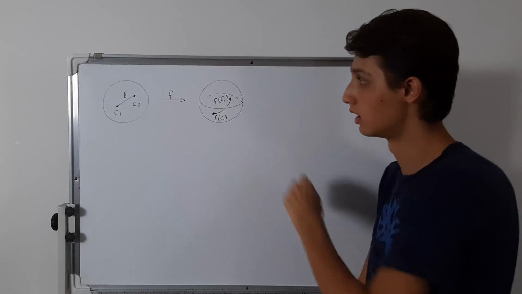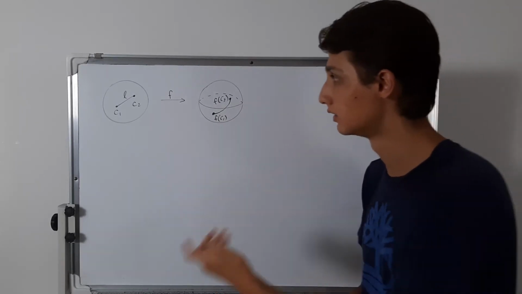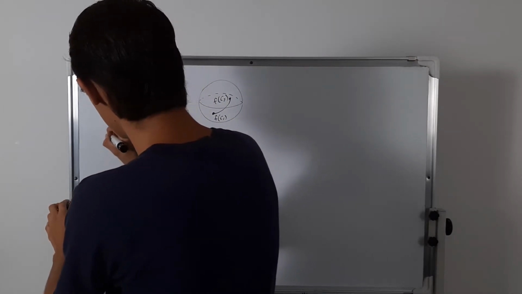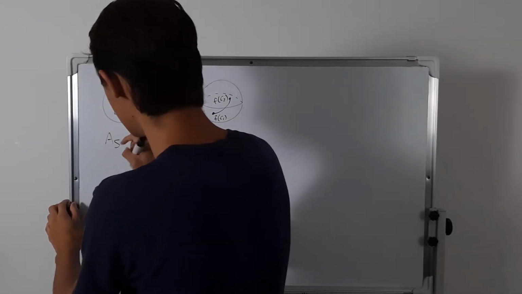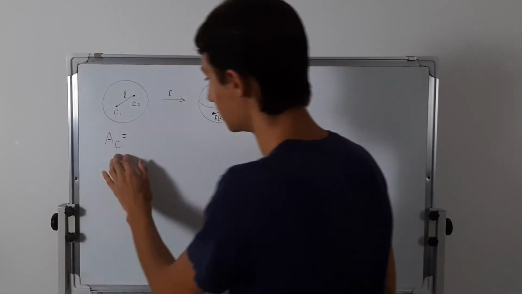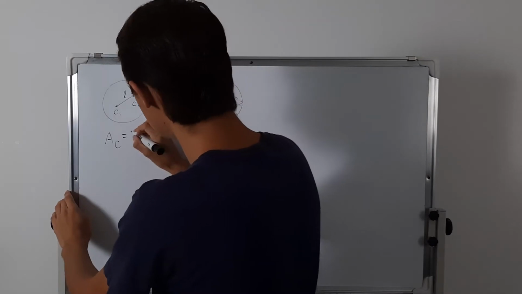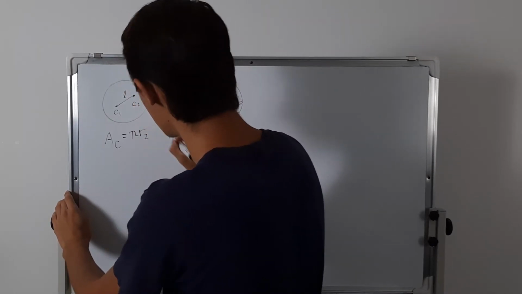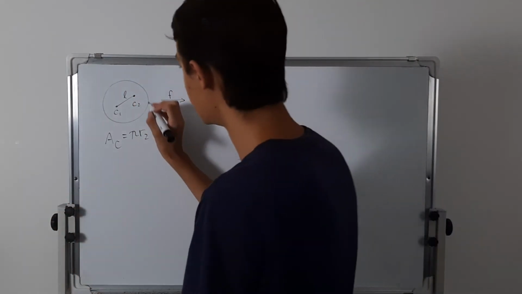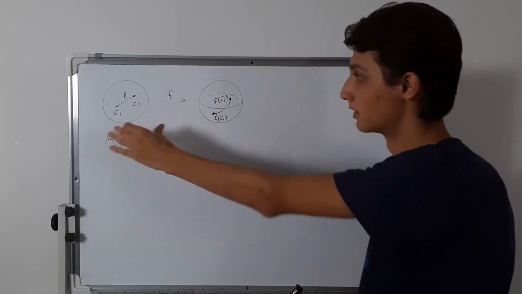We're going to travel along, and it's really not hard to see what that proportionality constant is, because if you consider the area of the circle, which I'm going to label with a capital C subscript, the area of the circle is just pi r squared, where r is the radius of the circle. I don't know if I mentioned, but these are of the same radius.